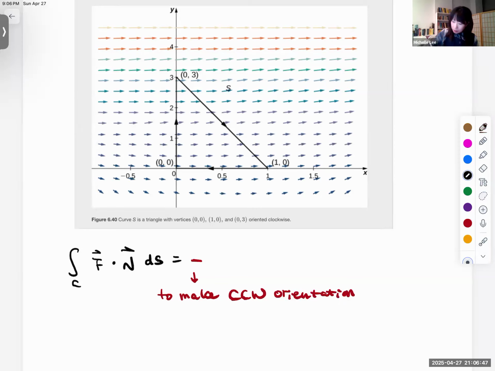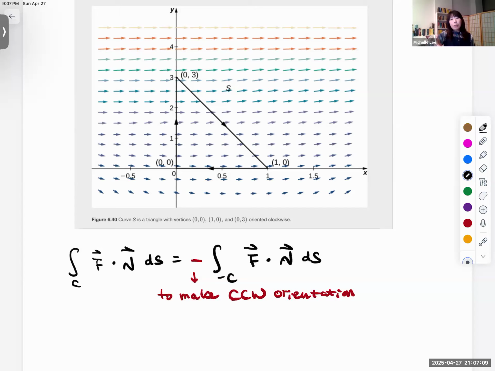So we're using negative C, and then F dot the normal vector, ds.